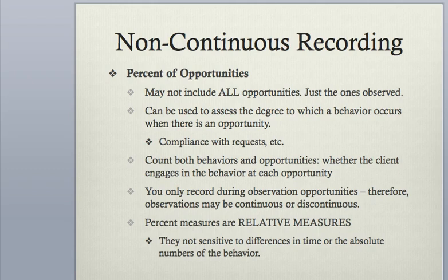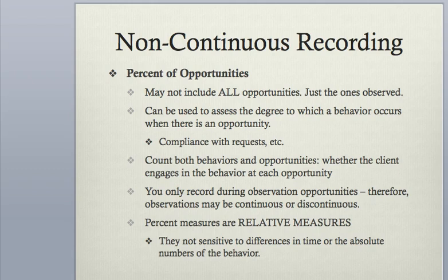And if you have to take a break for some reason and come back, as long as you are counting all of the opportunities that you see and all of the completed behaviors that you see, then you can get a percent value. So remember you have to count both the behaviors and the opportunities. And what you're trying to determine is whether or not the client engages in the behavior each time an opportunity is made available.